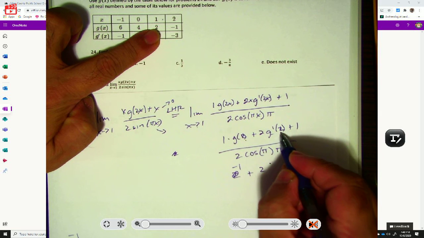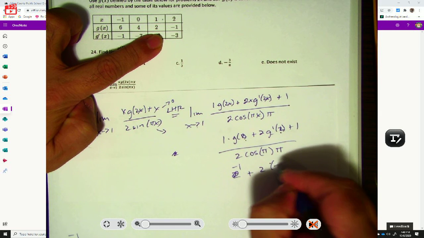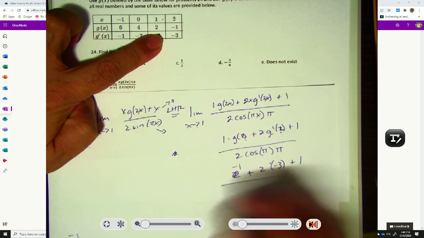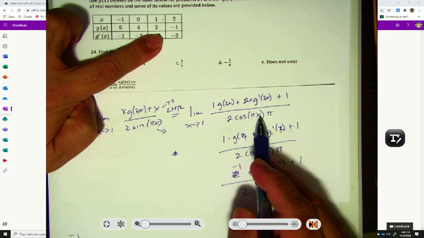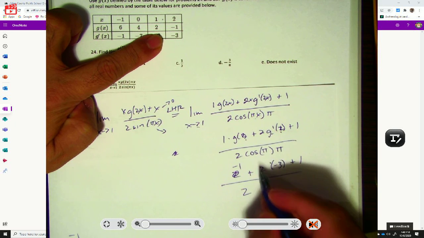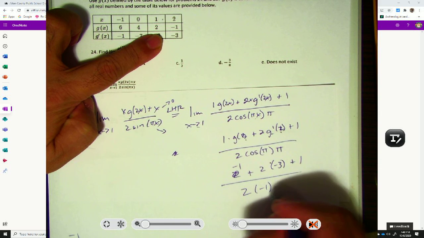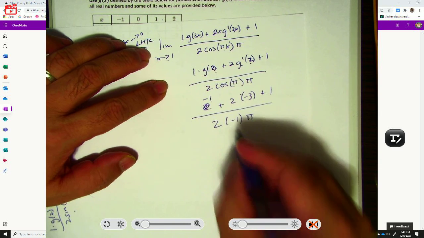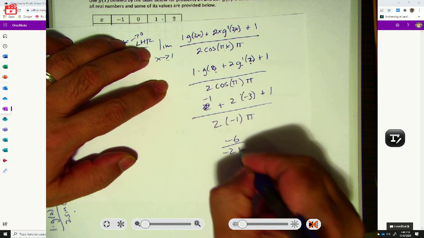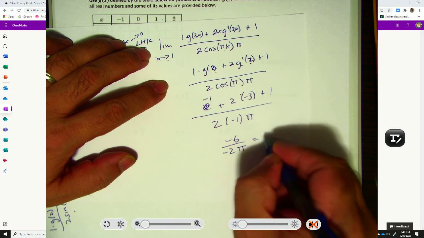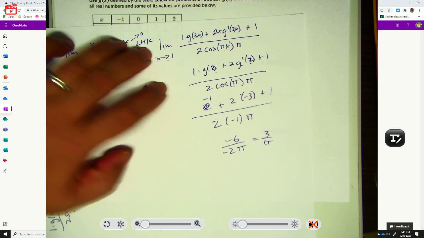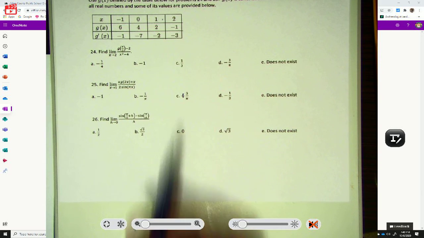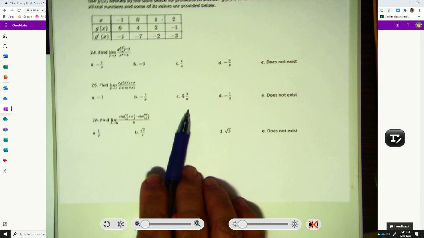And g prime of 2 is negative 3. Plus 1, over 2 times... did I make a mistake here? Okay, that's 1. Cosine of pi is negative 1 times pi. So that's negative 6 over negative 2 pi. So that becomes 3 over pi. Whew. That's why I had to make that change, right? So the answer is C.